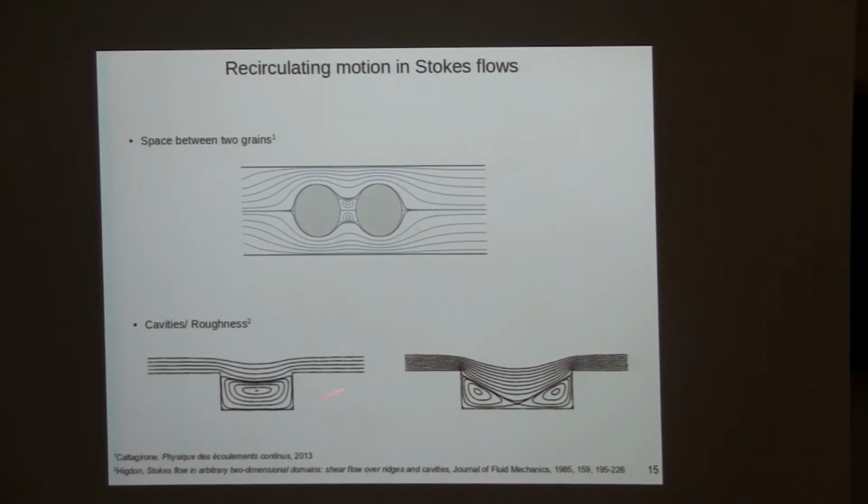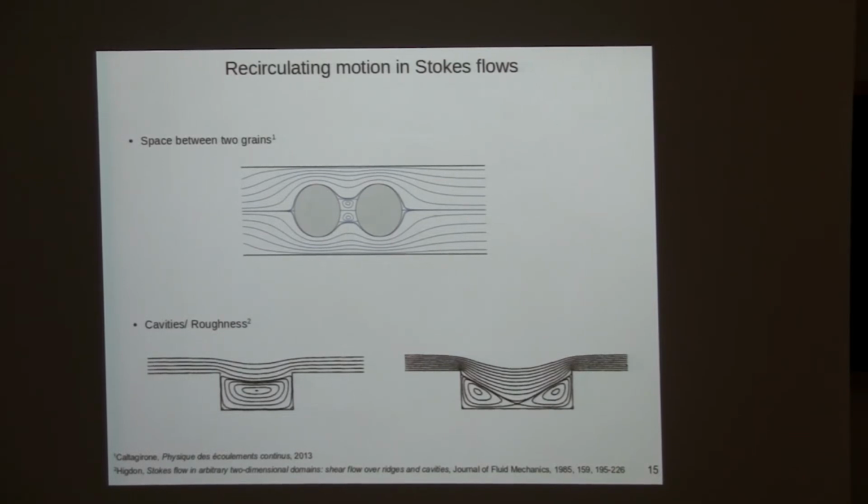So here I put three examples to illustrate a situation where we are in Stokes flow and we have recirculation. So let's say you have two cylinders that are very close. So two cylinders can be two solid grains. So it's the kind of situation we have in porous media. And here we are in Stokes flow, but we see some recirculation in between the cylinders.